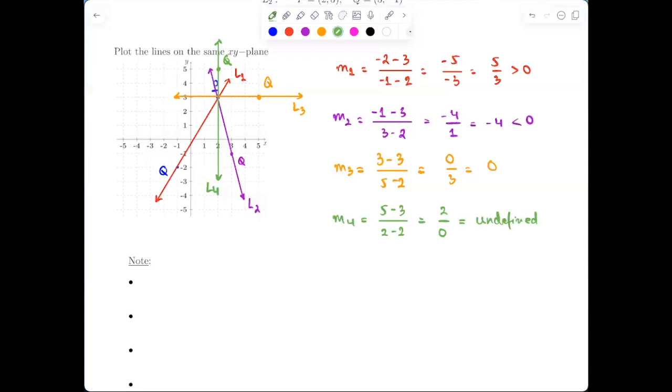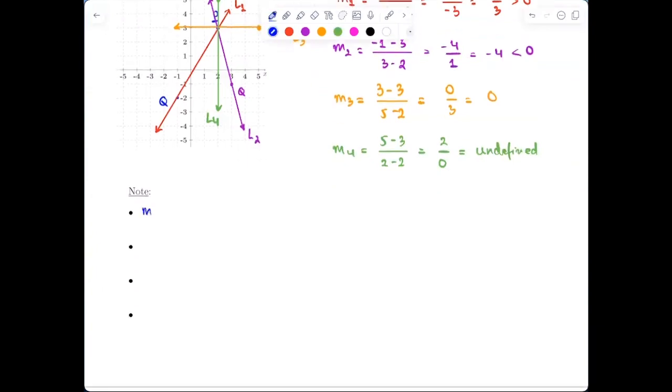All right. So the sign of the value is positive, negative, equal to 0, or undefined, and that means something for the line. When the slope is positive, m greater than 0, the line slants up from left to right, because when you read a graph, you always read it from left to right.